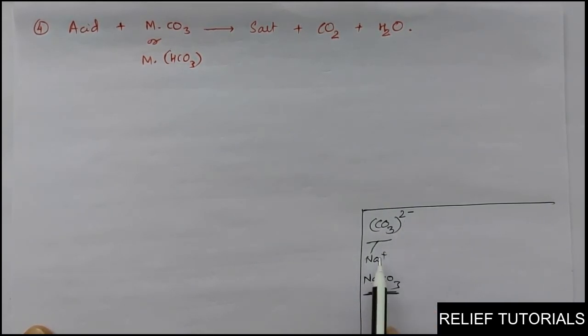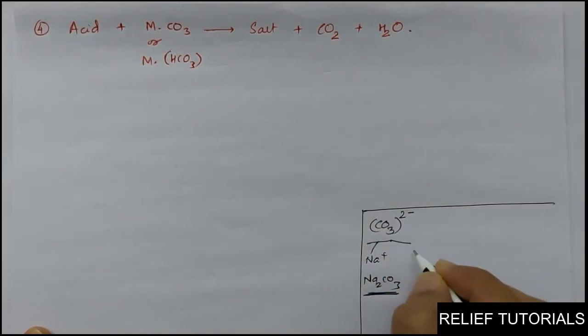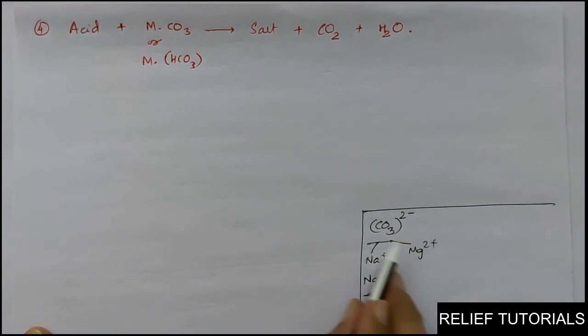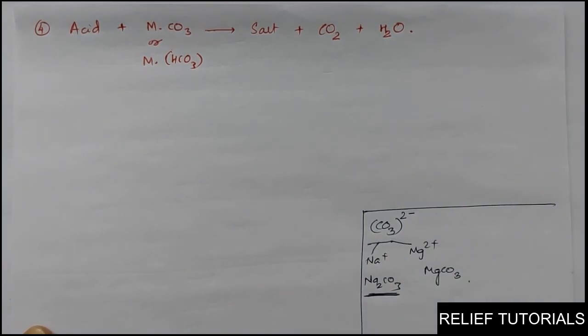So 2 will be given to Na, 1 will be given to CO3. If I say magnesium 2 plus reacts with this, so 2 plus 2 minus, it forms MgCO3, magnesium carbonate.